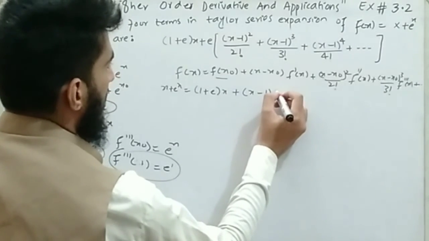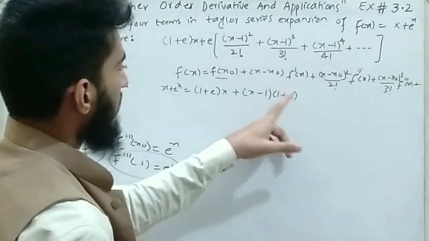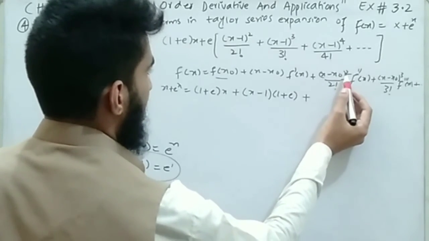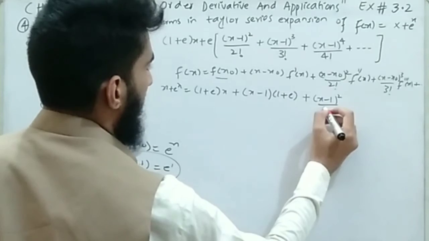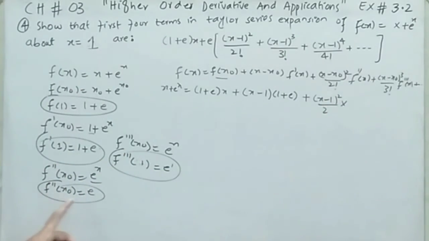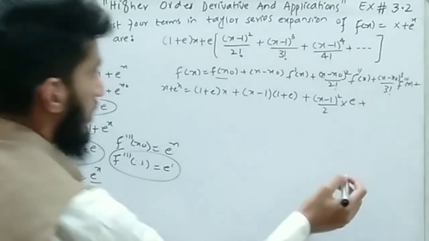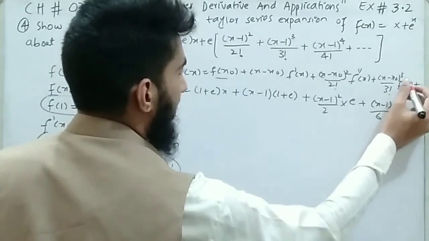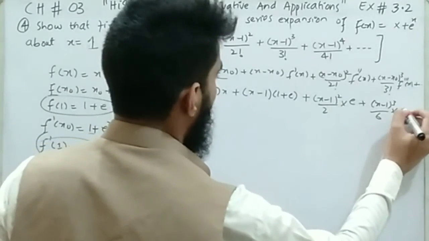So 1 plus e times x minus 1, and after this plus x minus 1 whole square by 2 factorial times f double prime, which is equal to e, and plus x minus 1 whole cube by 3 factorial, which gives us 6, multiplied by f triple prime, which is just e.